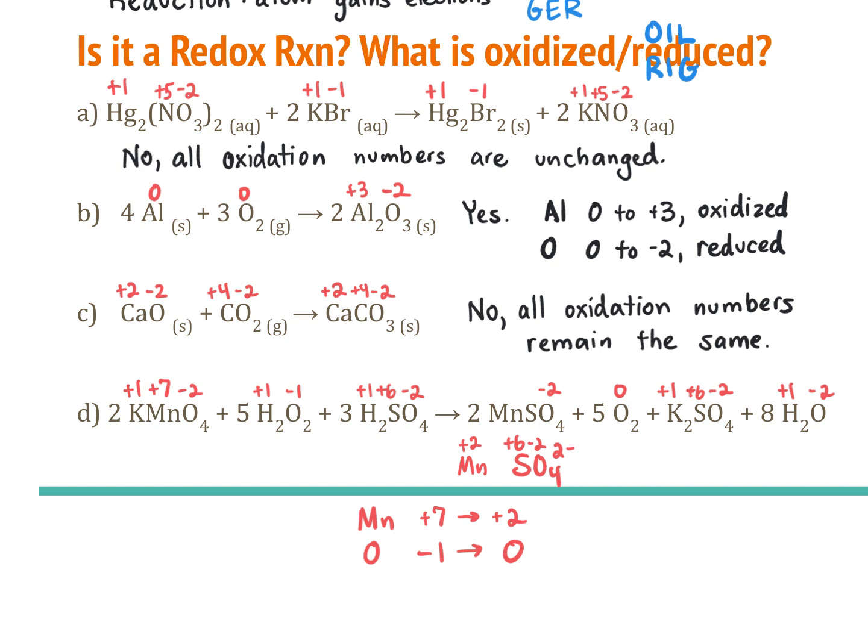So we did notice changes in oxidation numbers. So to answer the question, is this a redox reaction? Yes, it is. Manganese, its oxidation number went from +7 to +2. That decrease in the oxidation number suggests that it gained electrons.